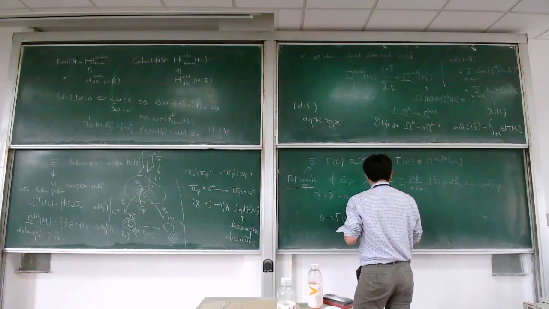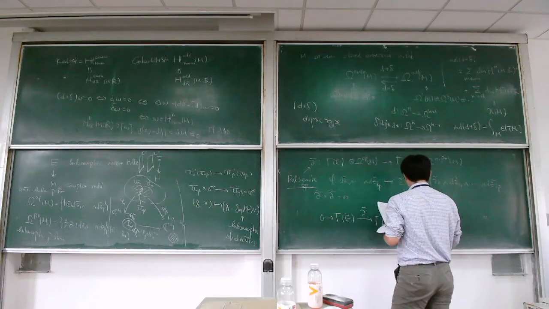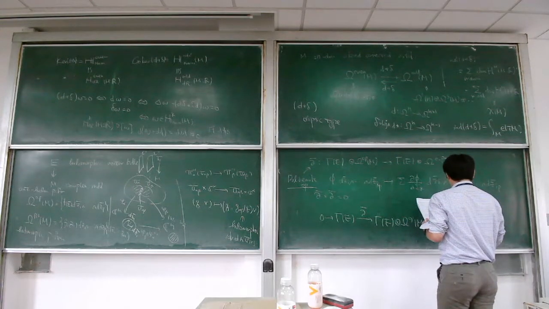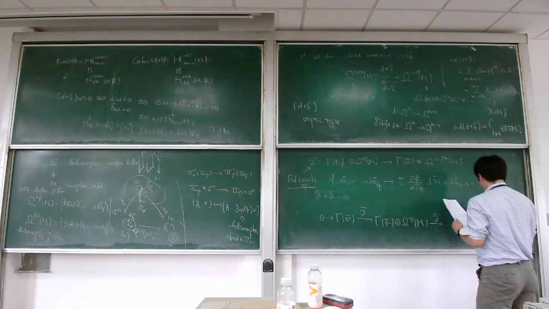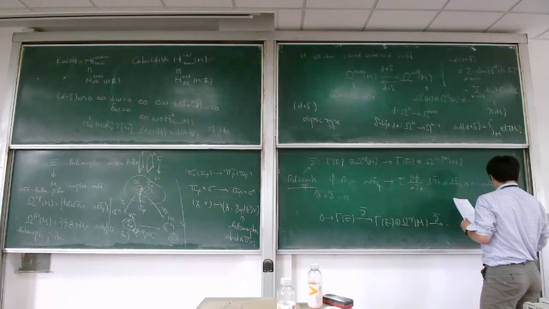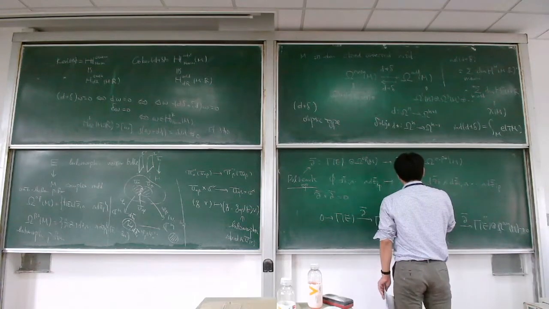And this is a bit difficult subject, and you have to really work it out by yourself. So this is called the double complex. It's the complex version of the de Rham complex.